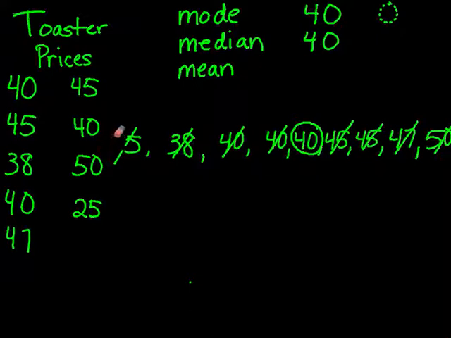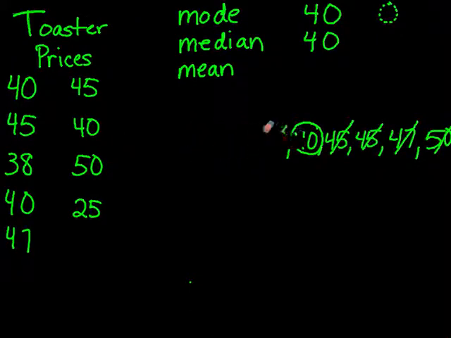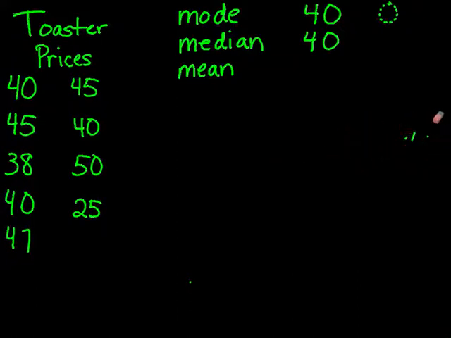So this is what that would look like if we were going with a set of numbers that have an even number of numbers. And we're not going to use all of them this time.